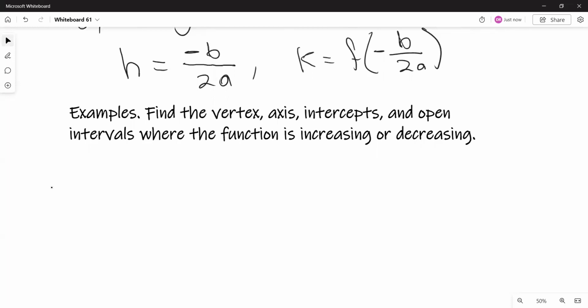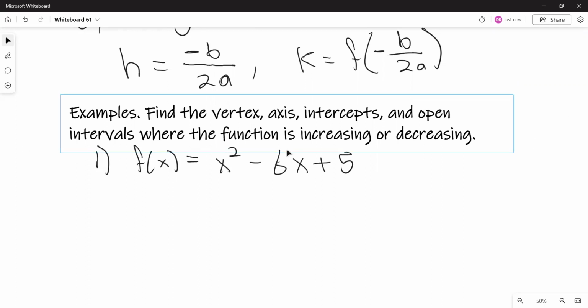First example is f of x equals x squared minus 6x plus 5. We want to find the vertex and the axis.